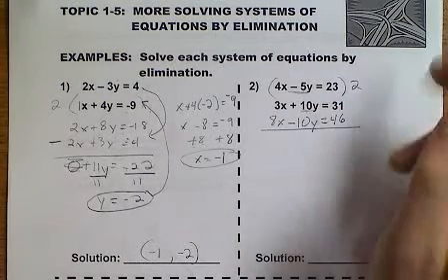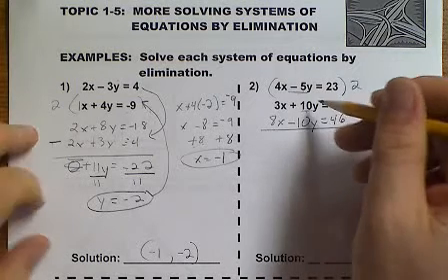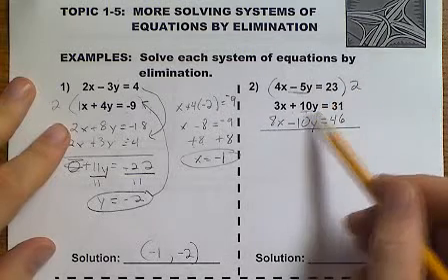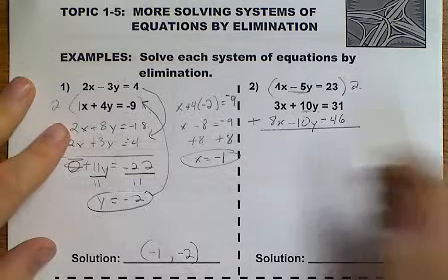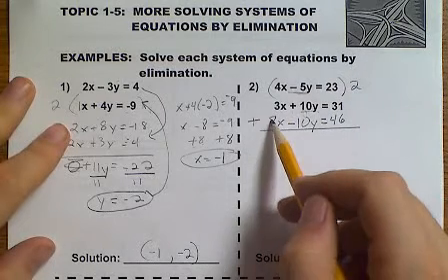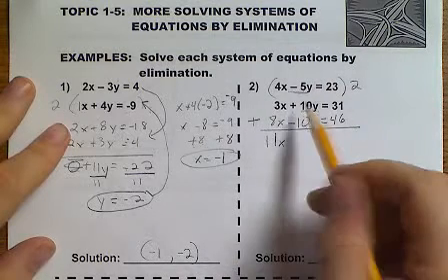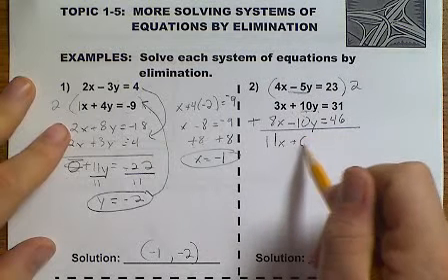Now, I've got my equations written side by side. This is a positive 10y and a negative 10y. So if I add these, then it will go away. So 3 plus 8 makes 11x. 10 plus negative 10 makes 0.